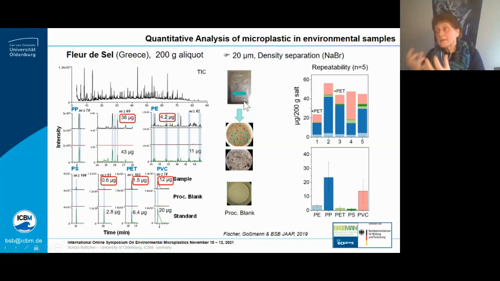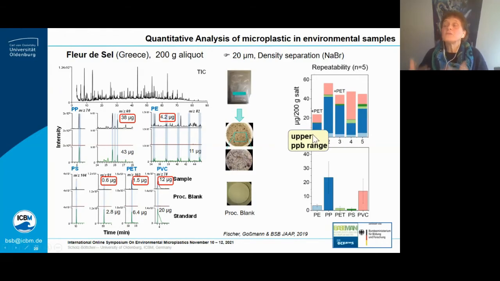So usually we take the sample as it is, and particles are differently distributed in a sample. So you see this variability as a mirror of the natural distribution of particles as well.